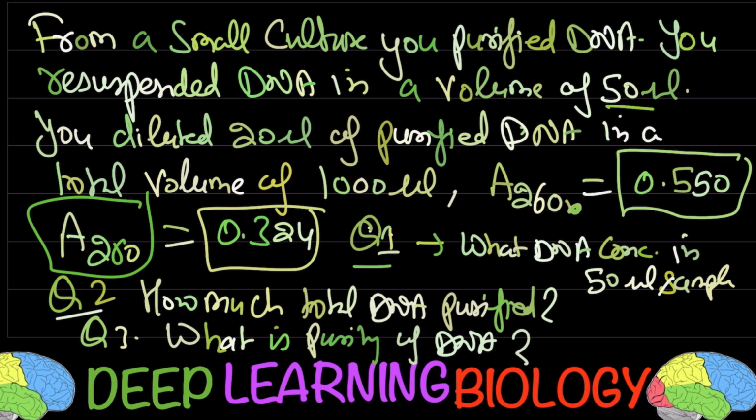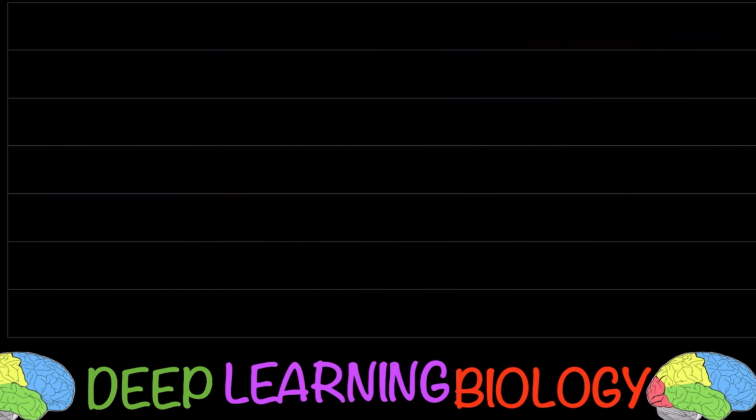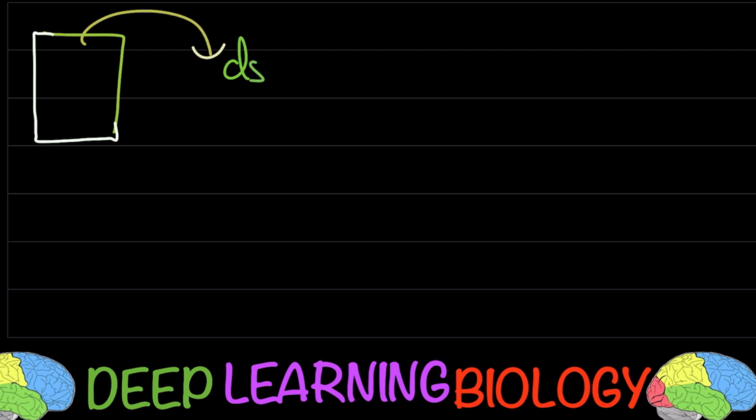Now try to understand, you are having a small culture, and from this culture you purified the DNA. Here it is double stranded DNA, please mention it. So you have purified the double stranded DNA.